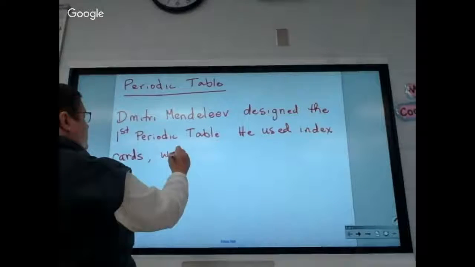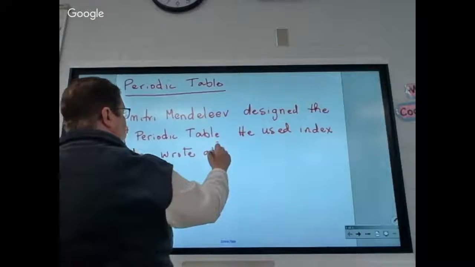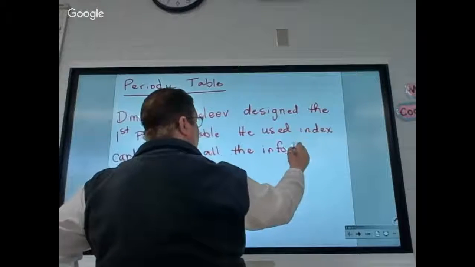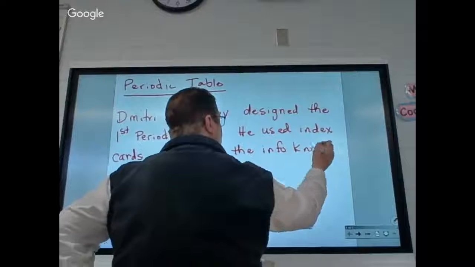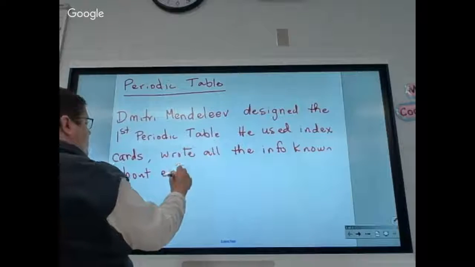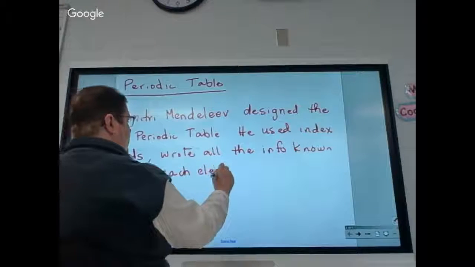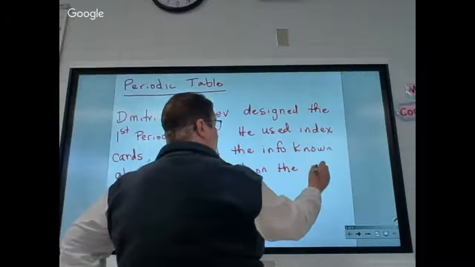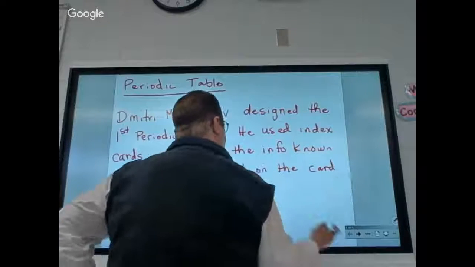He wrote all the info known about each element on the card. Okay?